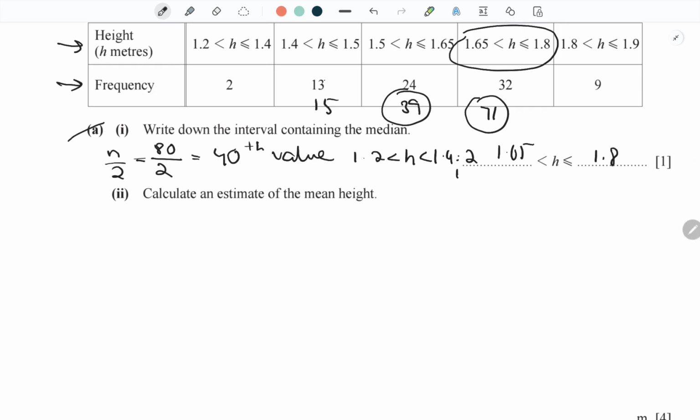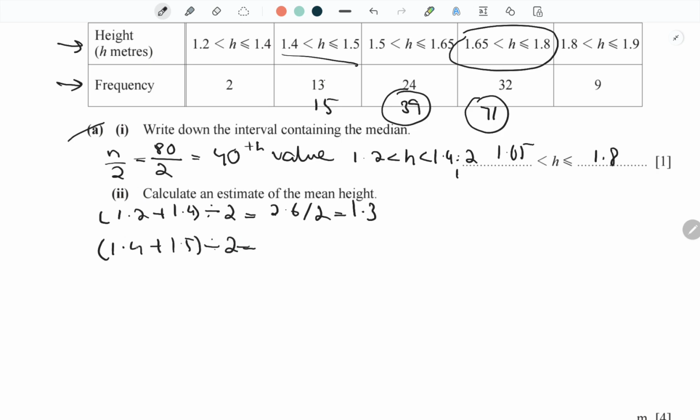When we calculate the estimate, we add the class boundaries and divide by 2. 1.2 plus 1.4 is 2.6, divided by 2 is 1.3. Next, 1.4 plus 1.5 is 2.9, divided by 2 is 1.45.